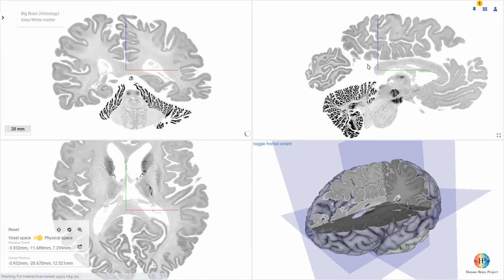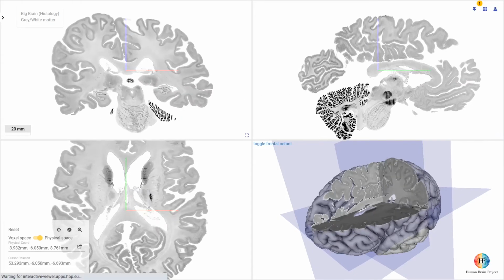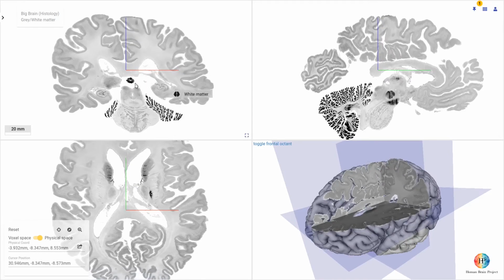So moving forward, a bit of hippocampus and its fornix over here. The splenium of the corpus callosum, the pineal gland here in the middle.